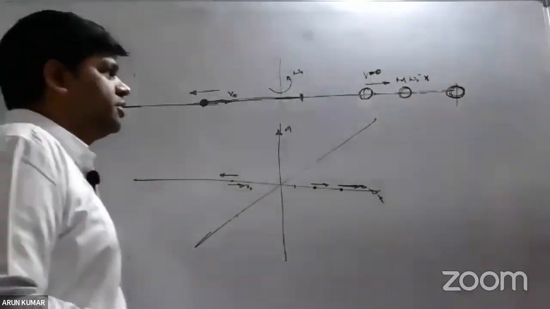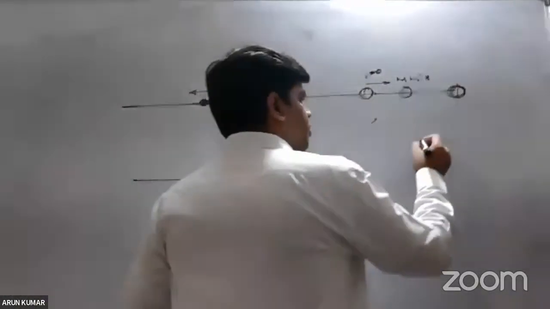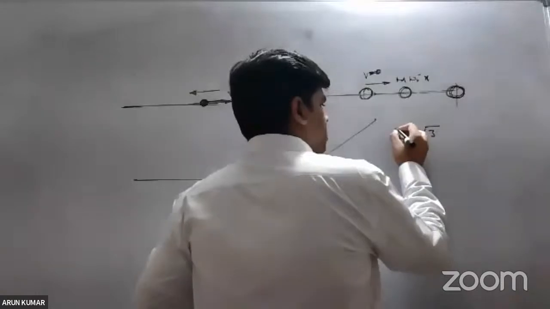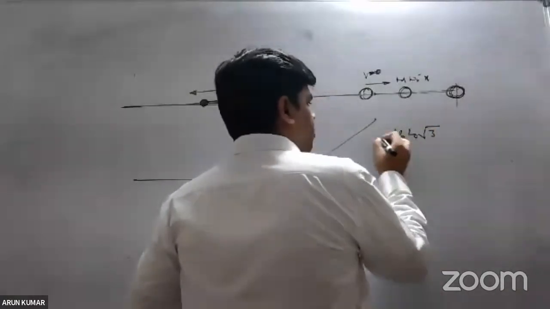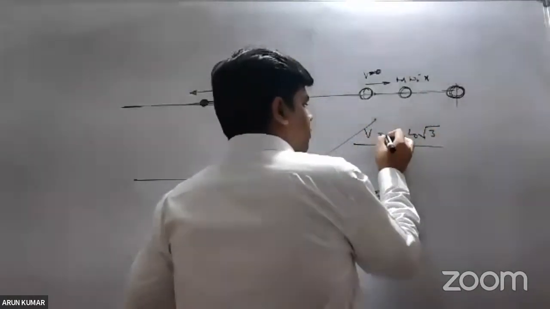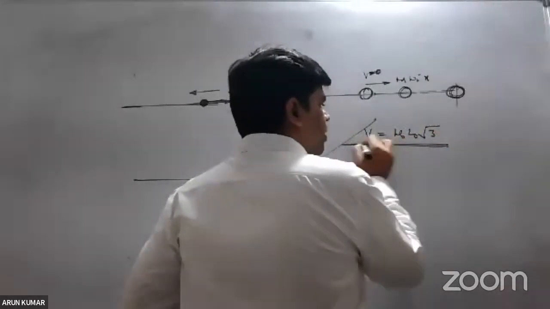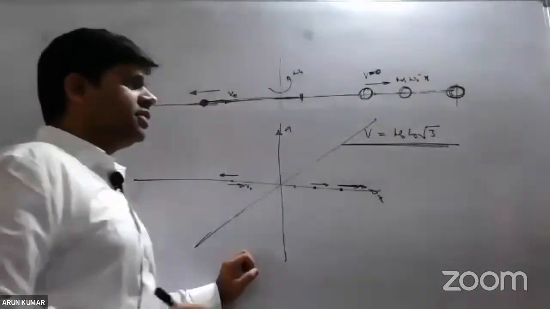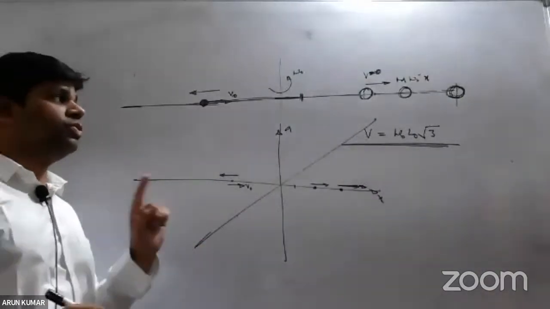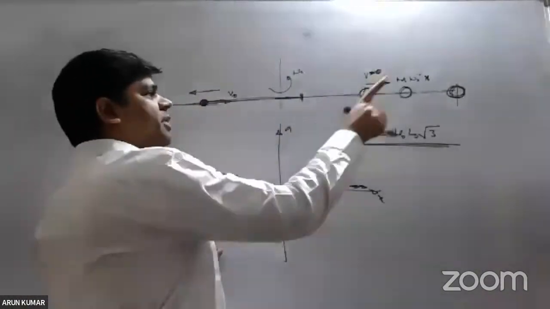Okay. Now look at this, students. I'm getting the velocity to be root 3 omega naught L naught. Now what is this velocity? That is the velocity along the rod. Is it the total speed of the particle? No. It is rotating with omega like this.